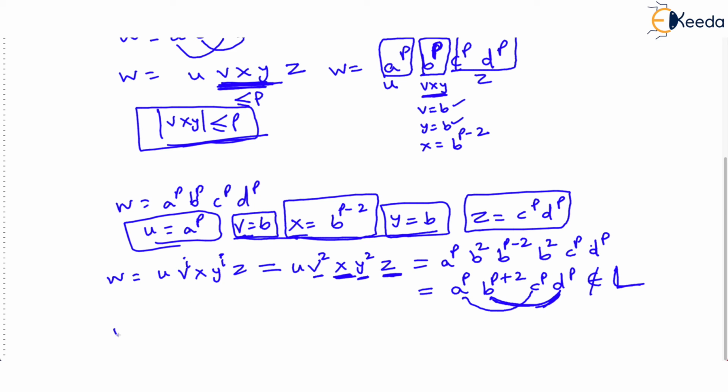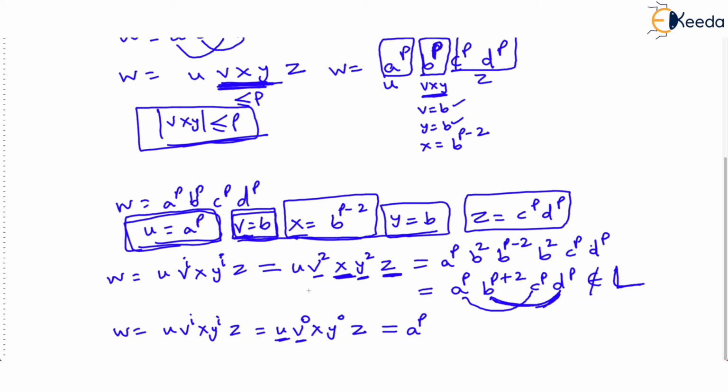What if you put i equal to 0 here? u, v raised to i, x, y raised to i, z. So you will get u, v raised to 0, x, y raised to 0, z. What is u? u is a raised to P. What is v? v is b, but it's raised to 0. That means we are pumping out v.